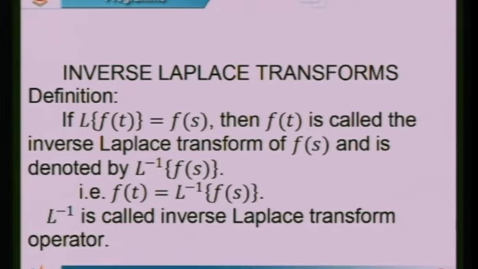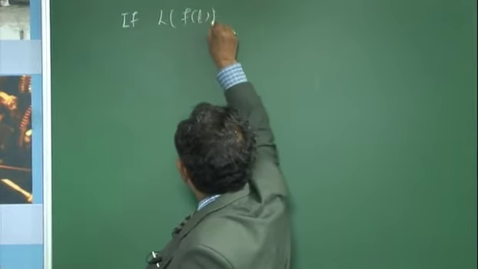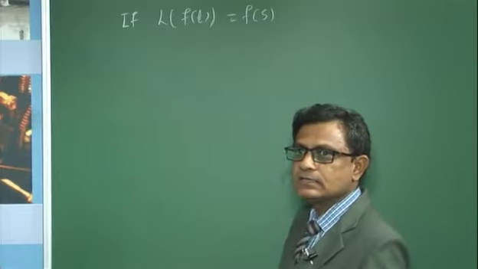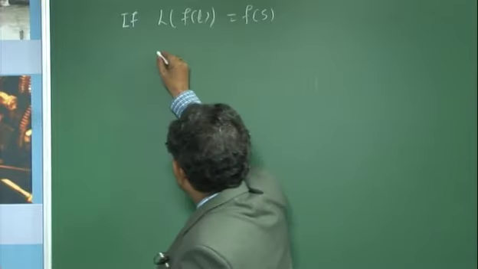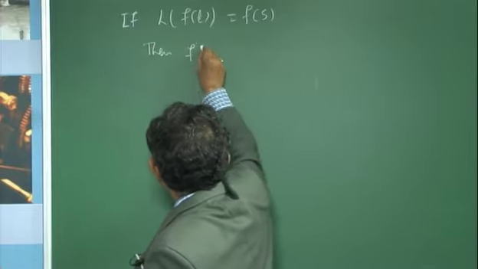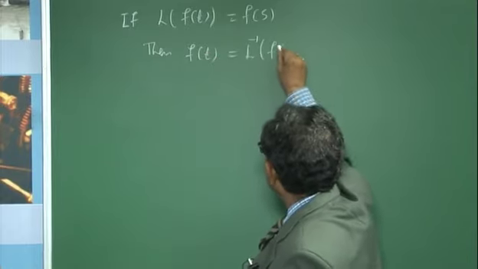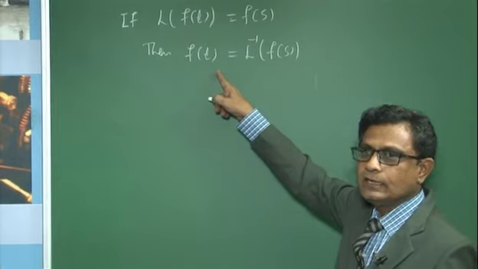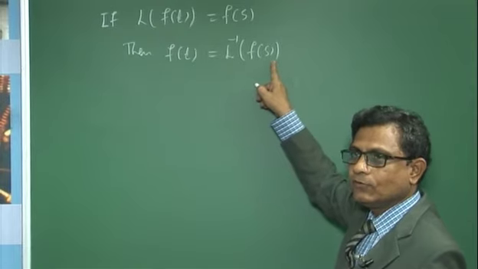Definition of Laplace transform: if L of f of t is equal to F of s, the Laplace transform of f of t is F of s, we can write this as f of t is equal to L inverse of F of s. f of t is called the inverse Laplace transform of F of s.